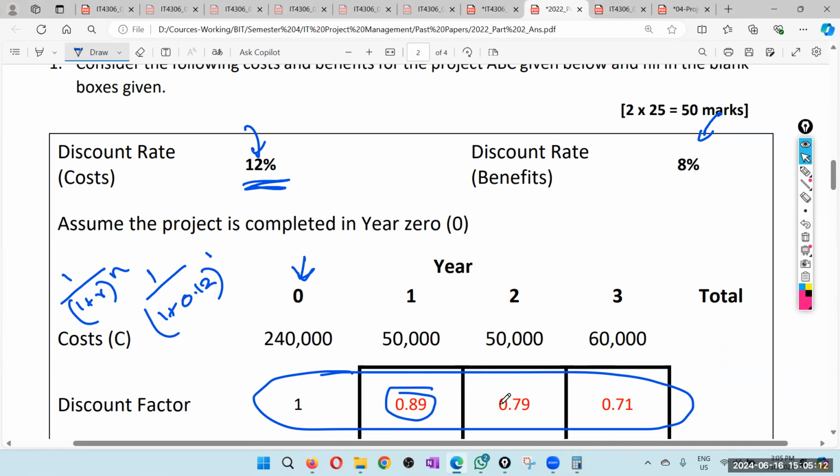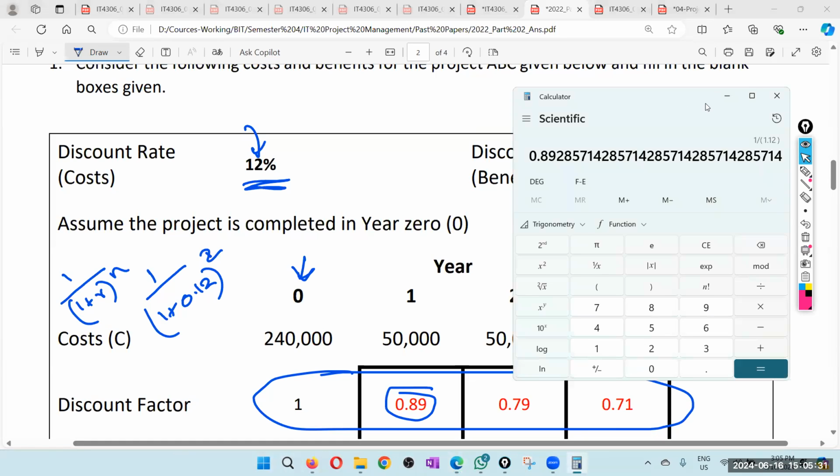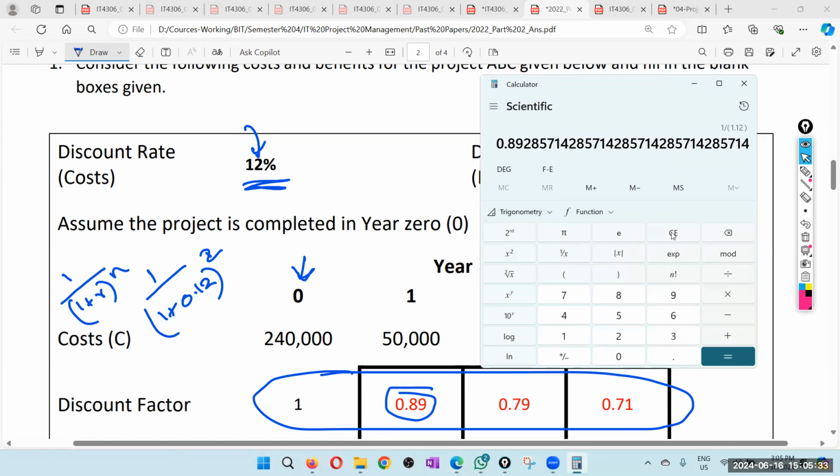Okay. So then what about this? That is n is 2. That is 1.12 to the power 2. So we'll calculate that and put it there. So this is basically 1.12 square and then 1 over value.